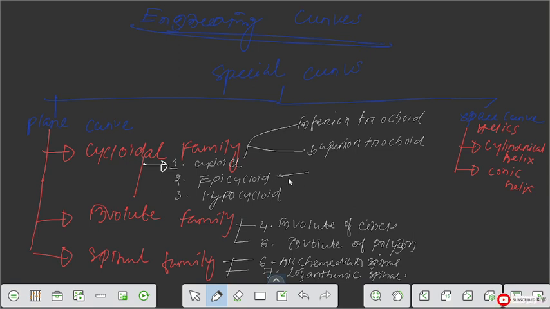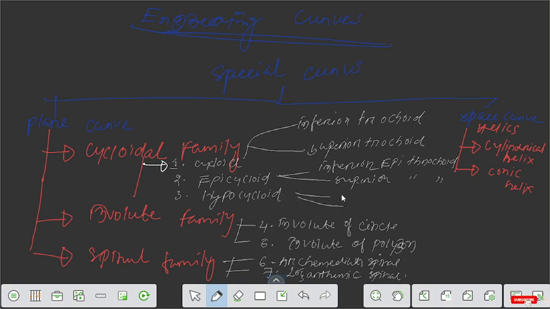Similarly, epicycloid is also divided into two types. One is inferior epitrochoid. Next is superior epitrochoid.